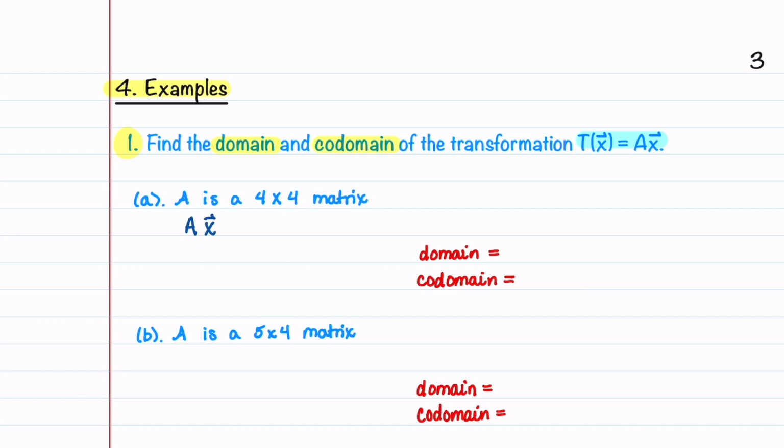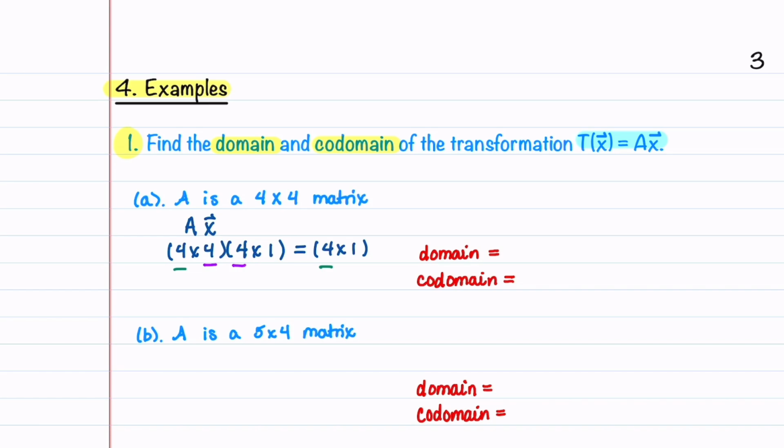We're given that A is a 4x4 matrix, so that means that x has to be a 4x1 column vector. This then means that T of x, or b, also has to be a 4x1 column vector. The reason for that is these two numbers need to be the same, and these two numbers need to be the same.